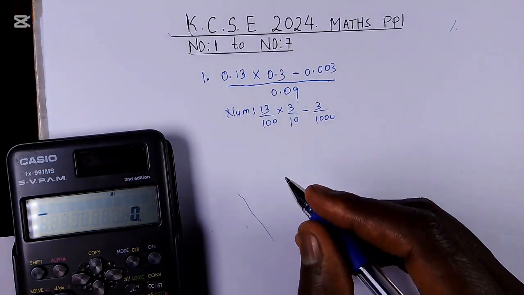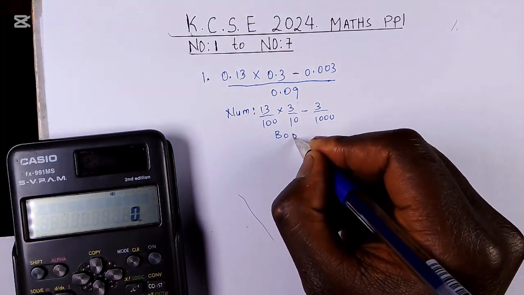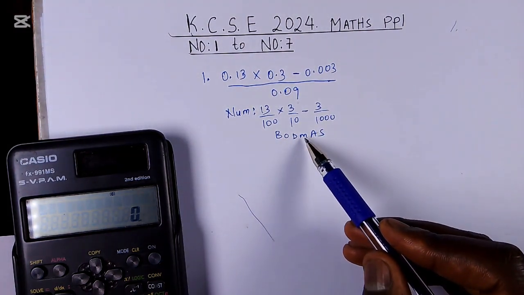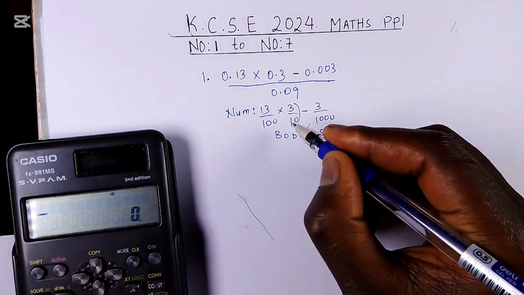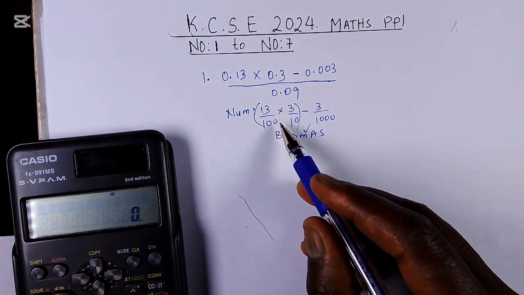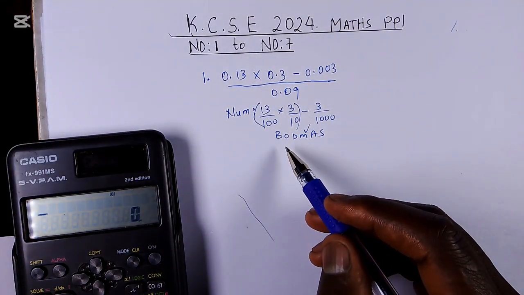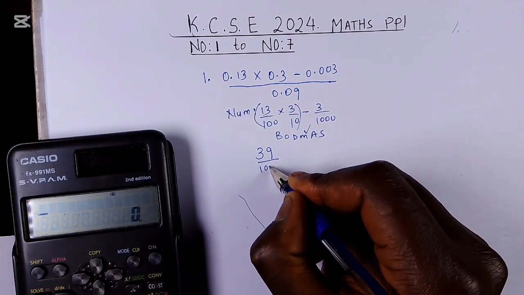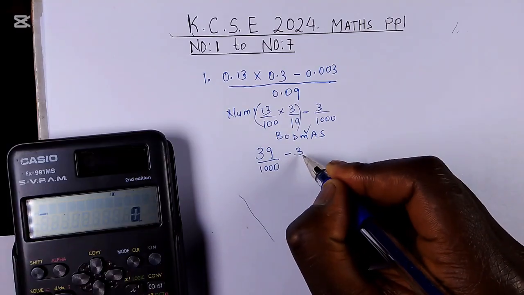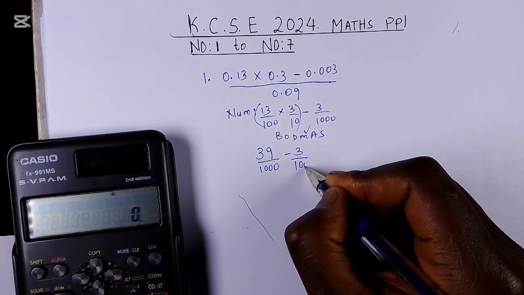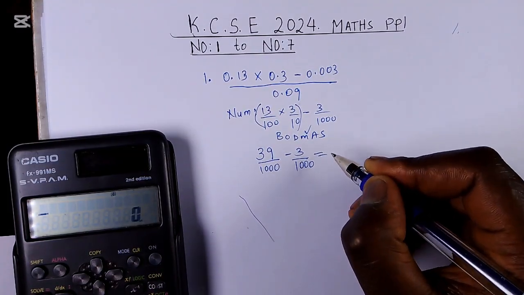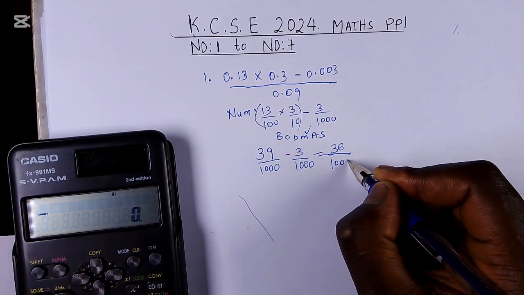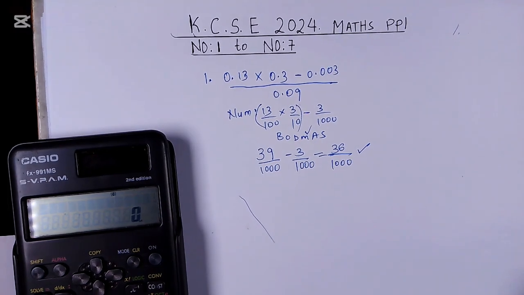So we can apply the rule of BODMAS, and the rule states that we will start with multiplication. So we will multiply 13 over 100 by 3 over 10, and that will give us 39 over 1000 minus 3 over 1000. By solving that, the numerator will give us 36 over 1000, and we are done with the numerator.